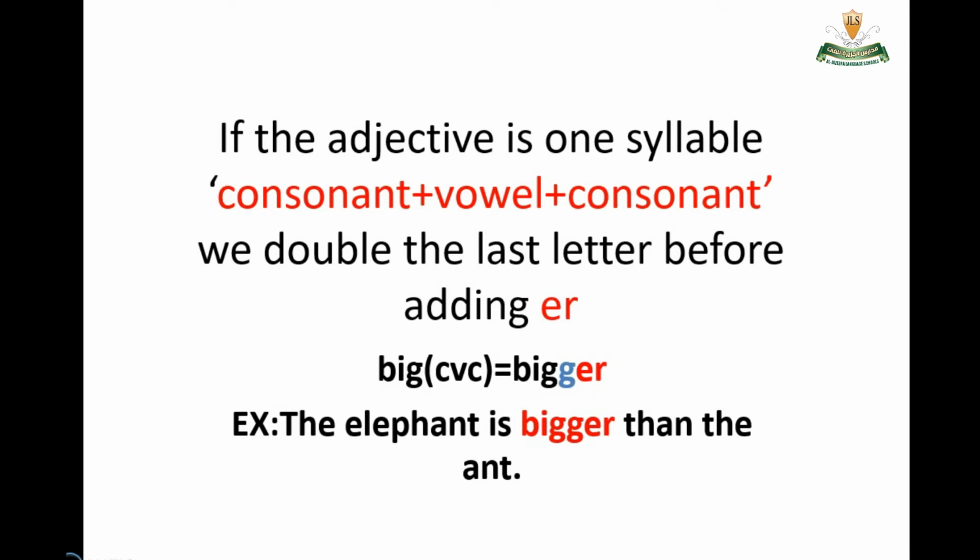So in this case, we are going to write letter G 2 times and we put ER. So it would be bigger. The elephant is bigger than the ant.